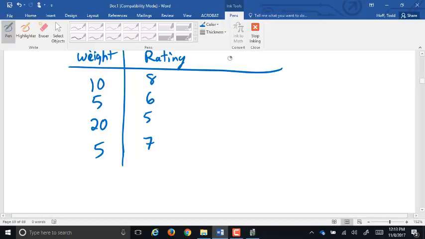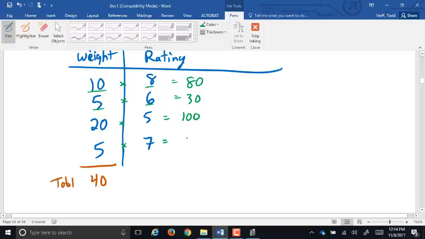So to find its weighted average, we find the total of the weights, which is the 40, and then we multiply each weight times its rating. 10 times 8 is 80, 5 times 6 is 30, 20 times 5 is 100, and 5 times 7 is 35.